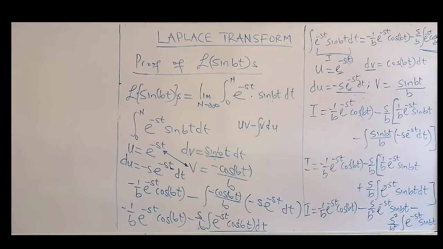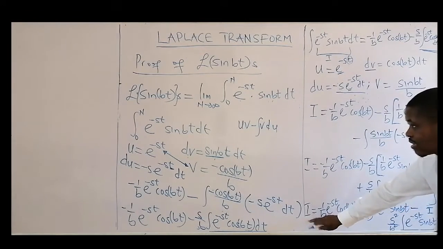Okay. And if you check now, you see that this integral here is the same as our question, which is I. In that case, we can move this one to join the I here.